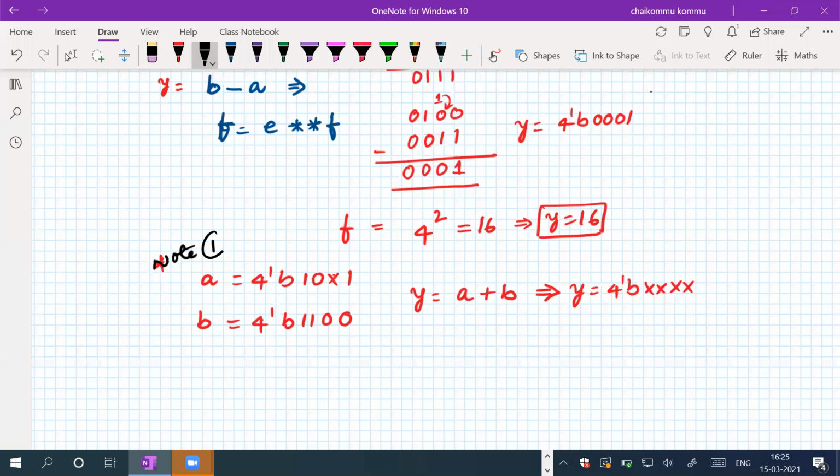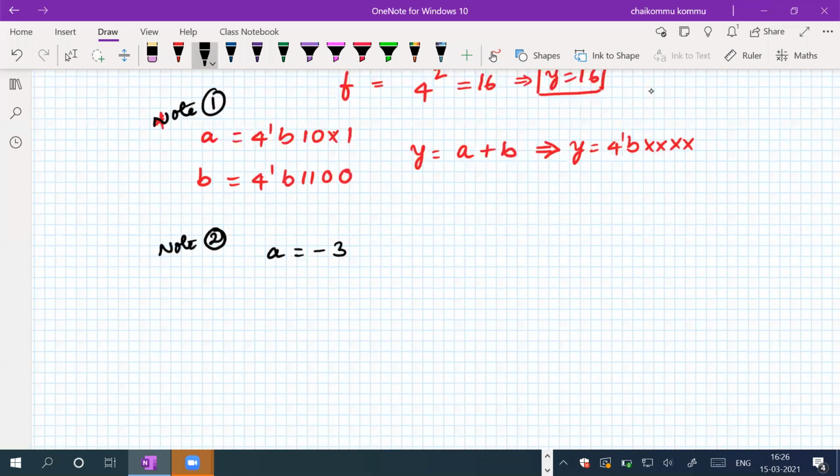Okay, note number 2. For example, A is equal to -3, B is equal to 2. So here, the minus symbol is also an arithmetic operator, but here it's not performing the operation. It is representing the negative value.